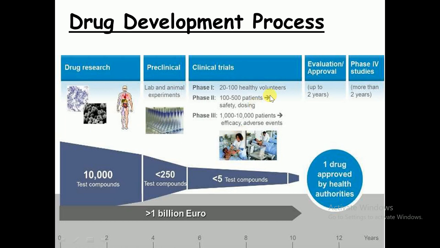So we will overview this study. In the first step, the drug research, from various drug sources we get a number of chemical entities, and from those researchers try to find a few chemical moieties which have promising structure and might have the desired pharmacological activity.